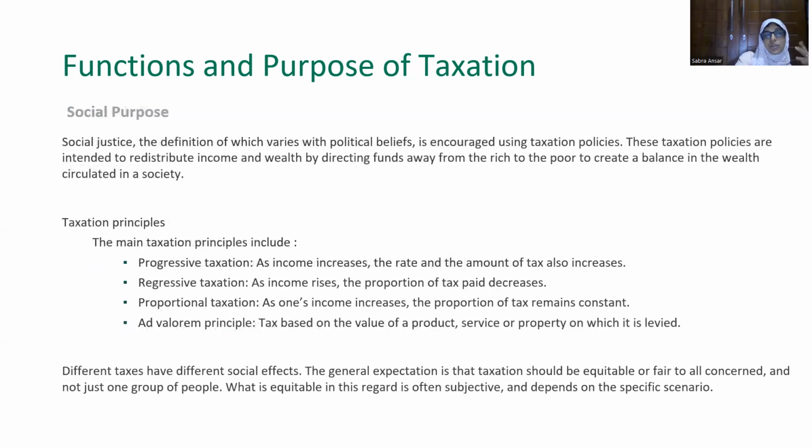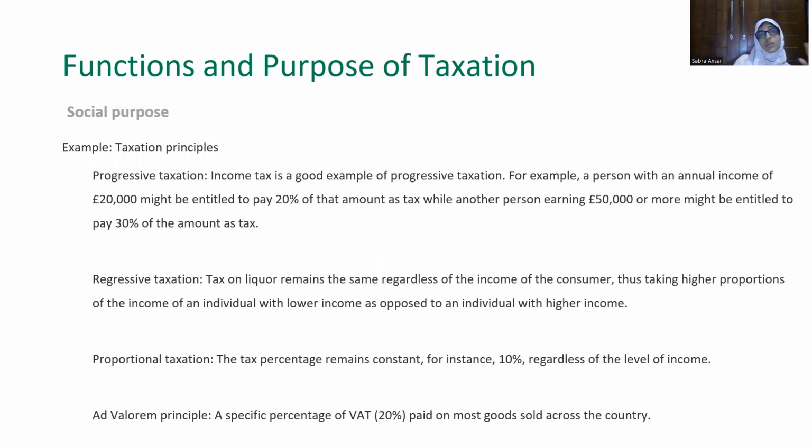Then we talked about social purpose, and in that we spoke about four main taxation principles: progressive taxation, regressive taxation, proportional taxation, and the ad valorem principle. I discussed each taxation method using examples for you all to understand how this taxation works.